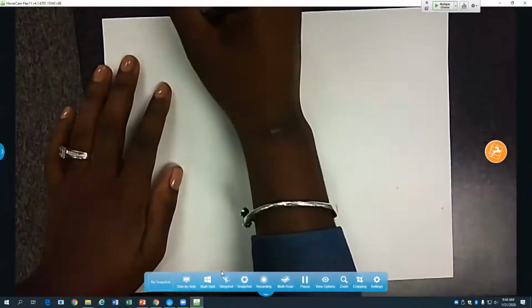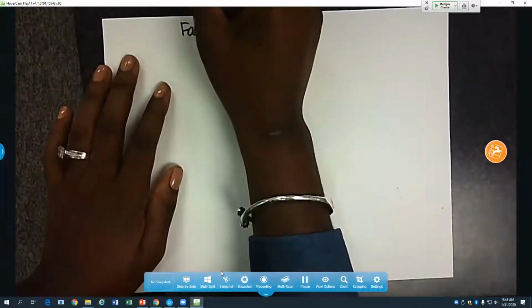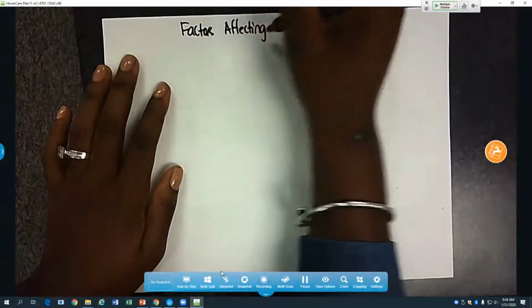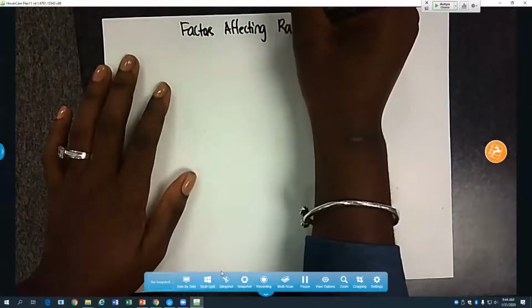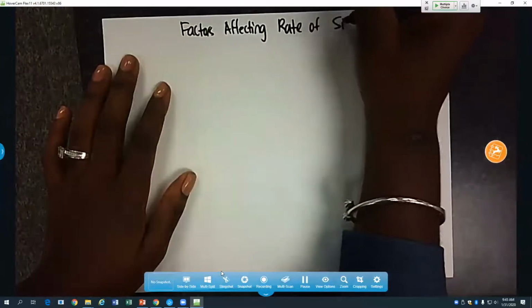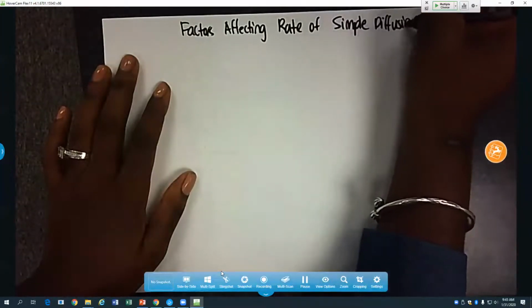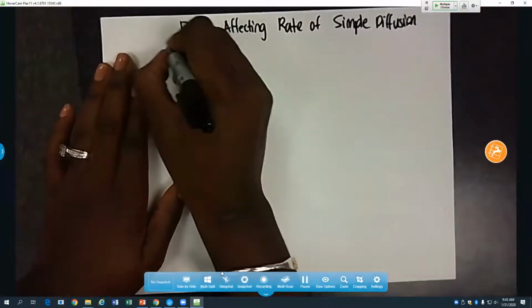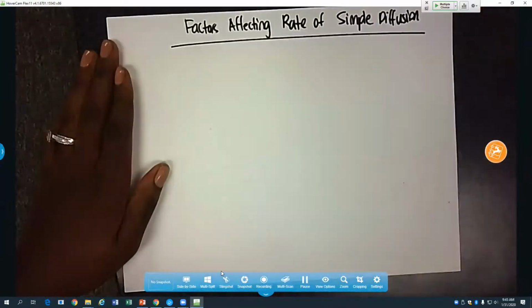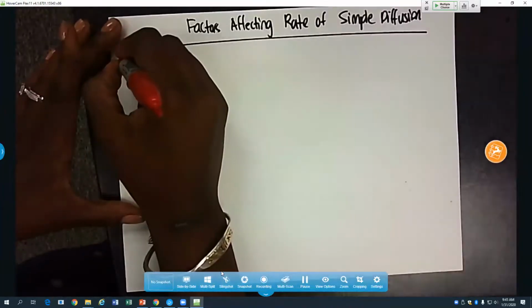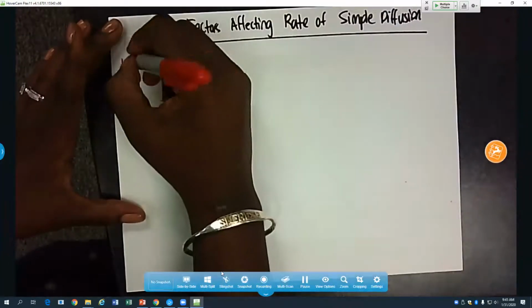Okay, so factors affecting the rate of simple diffusion. We said one is the magnitude of the driving force.